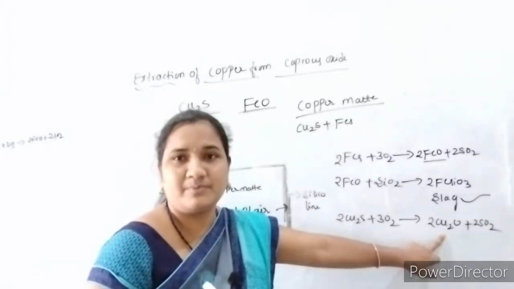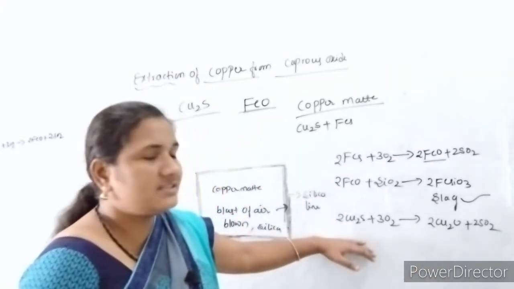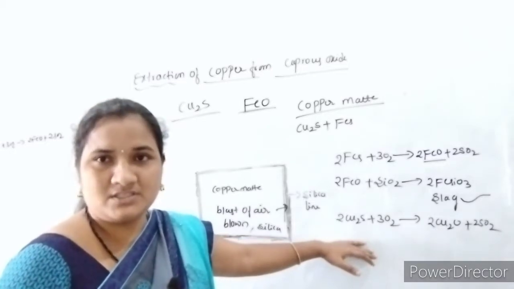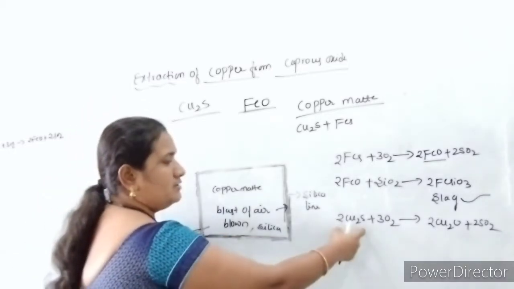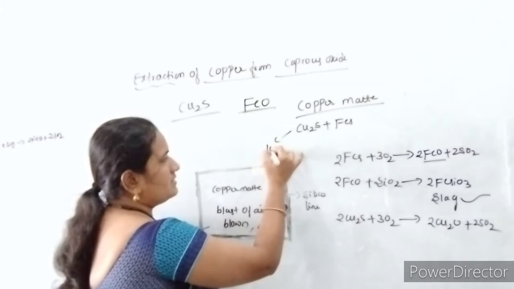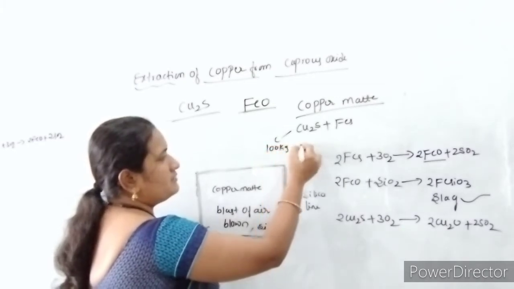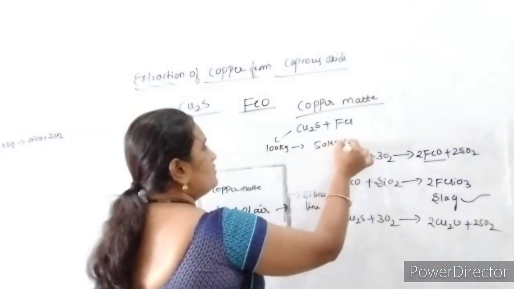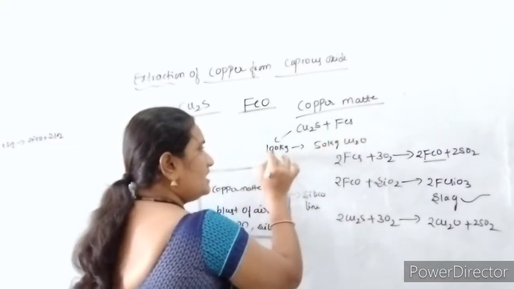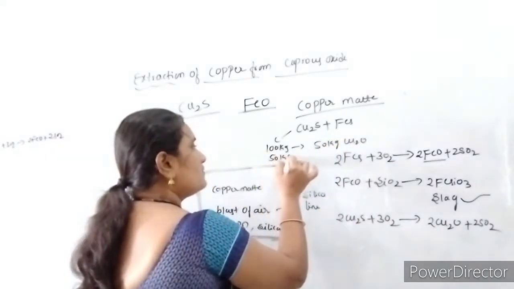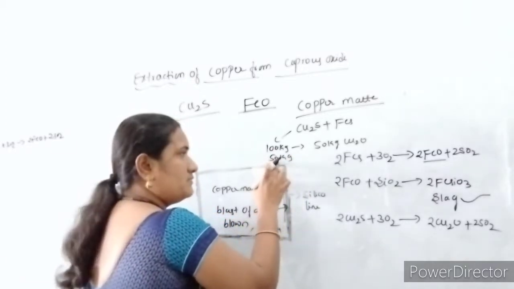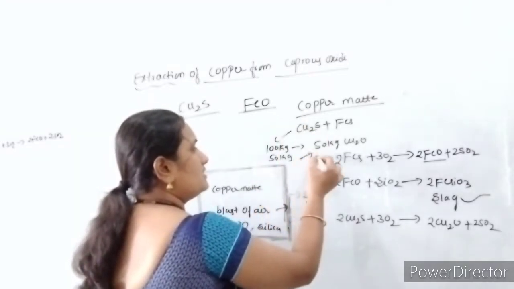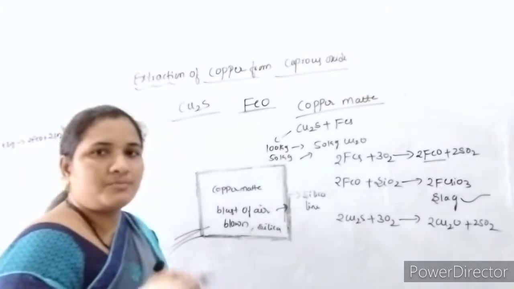So the remaining 50% still remains as Cu2S only. Is it understood? So Cu2S, if it is 100 kg, only 50%, meaning 50 kg, will be converted into the Cu2O form. Still we have 50 kg of Cu2S.